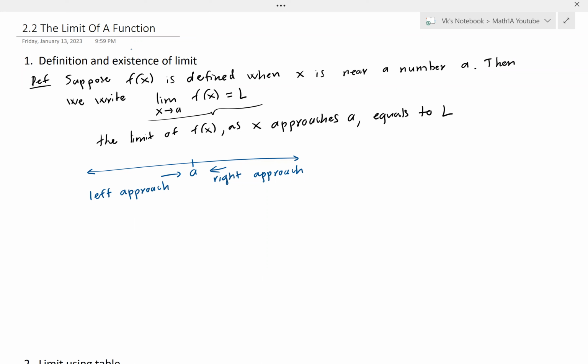What this tells us is that in order for the limit to exist, the limits from both approaches must be the same.